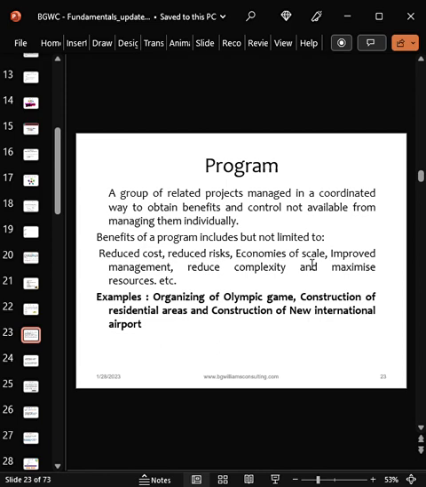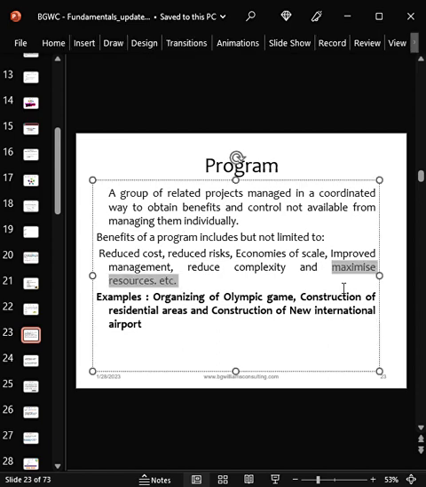Economy of scale. But the most important reason, please take note for the purpose of the exam, for this benefit is to maximize resources. That is the most important reason for this benefit. The organization is trying to manage all these different projects together so that they can maximize the resources. They don't want to spend much.